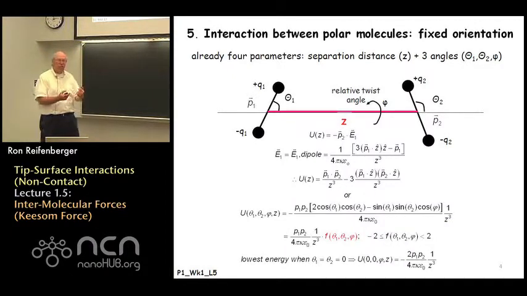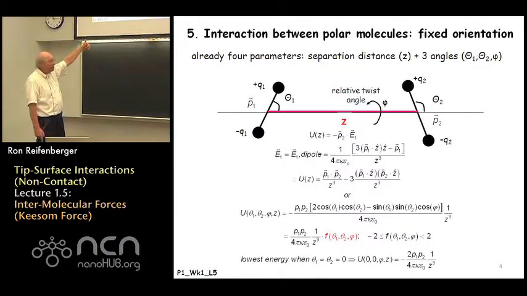Just depends on which values of the parameters you choose to pick for the angles. And it's kind of interesting to realize that if the dipoles are oriented in their most favorable orientation, then that function of theta 1, theta 2, and phi acquires the value -2.